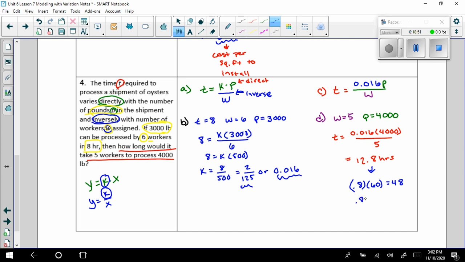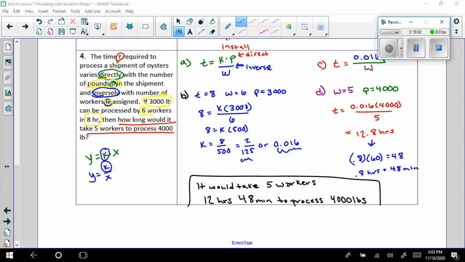And so 0.8 hours is the same as 48 minutes. So then we can conclude that it's going to take 5 workers 12 hours and 48 minutes to process 4,000 pounds of food.